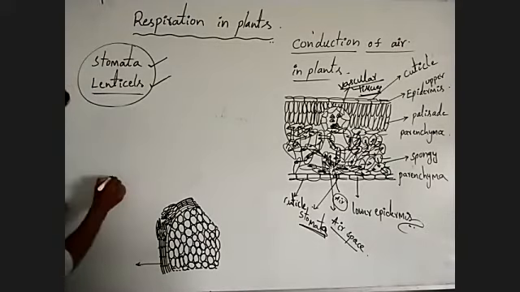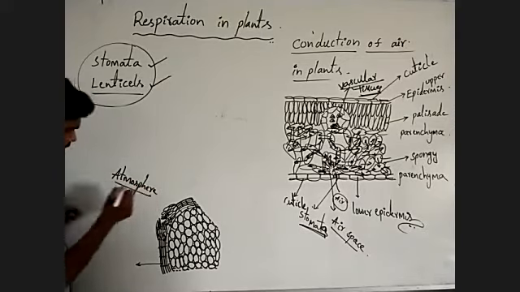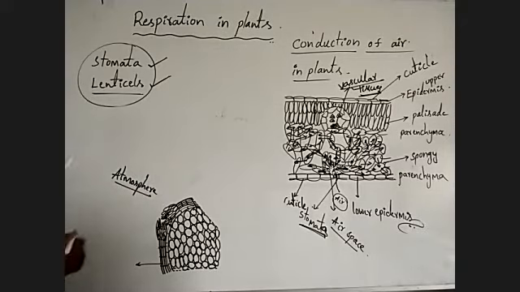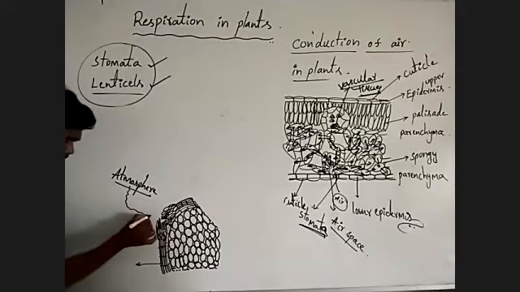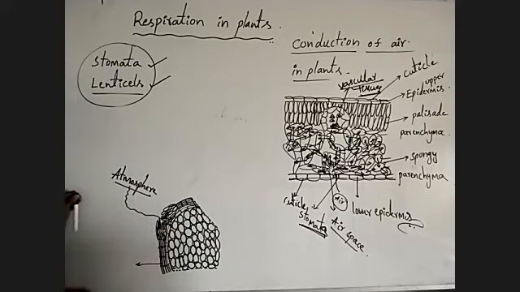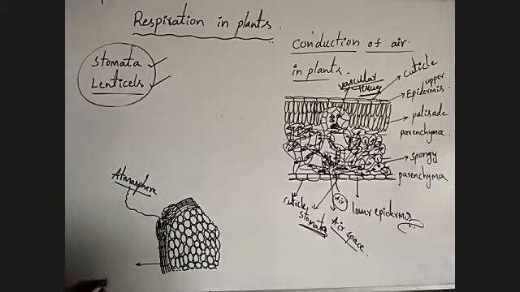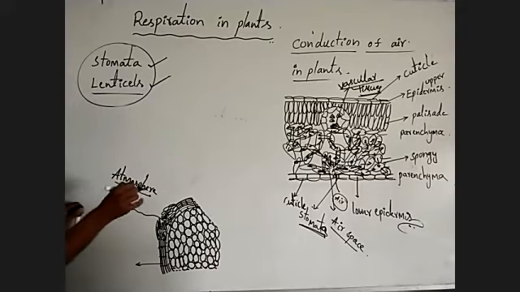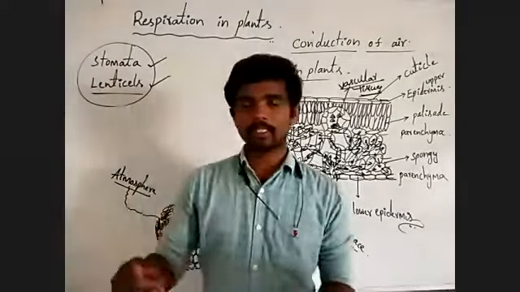From the atmosphere, atmospheric air enters the air cavities present inside the stem through the lenticels. There also, the intercellular spaces, the air spaces, are lined with water. Means in the intercellular space water is present. This water entered from the earth.